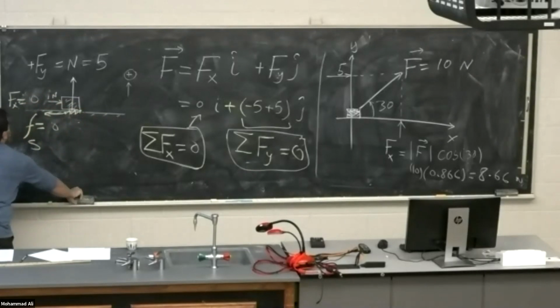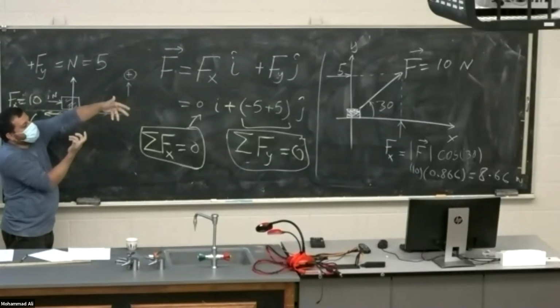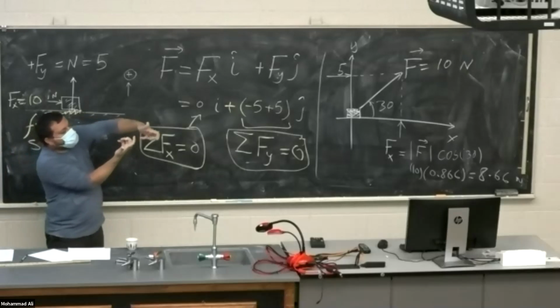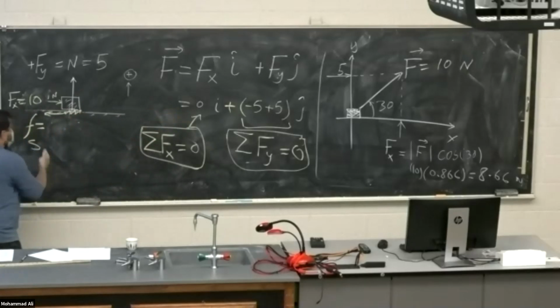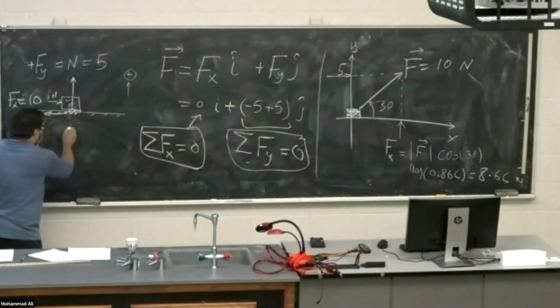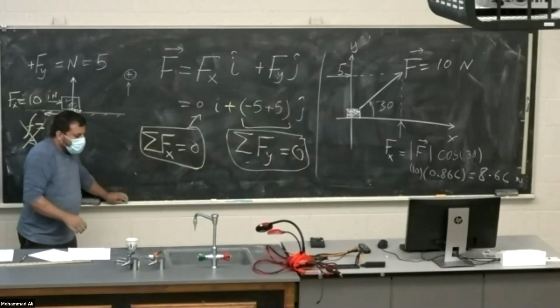But what if I push with a much stronger force? Then the particles will break the contact between the two objects, and it will start moving. The stationary friction force will be removed entirely. But I will still have another friction force, which is F kinetic, because I am moving.